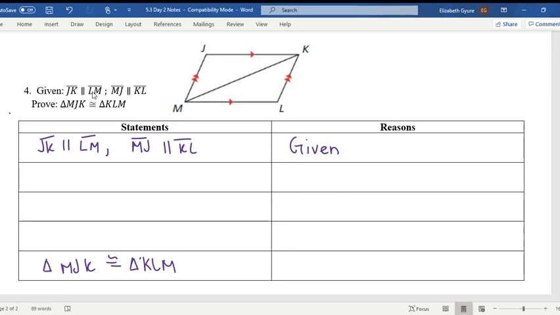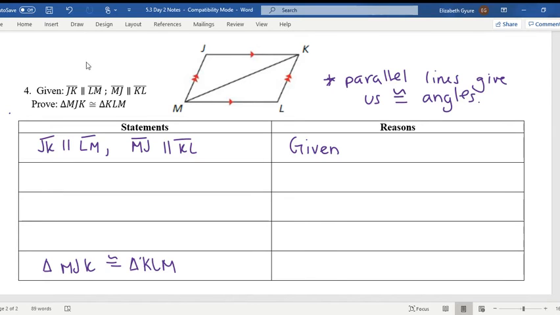We have to purely use our vocab, and we're given parallel lines. Remember, parallel lines give us congruent angles.